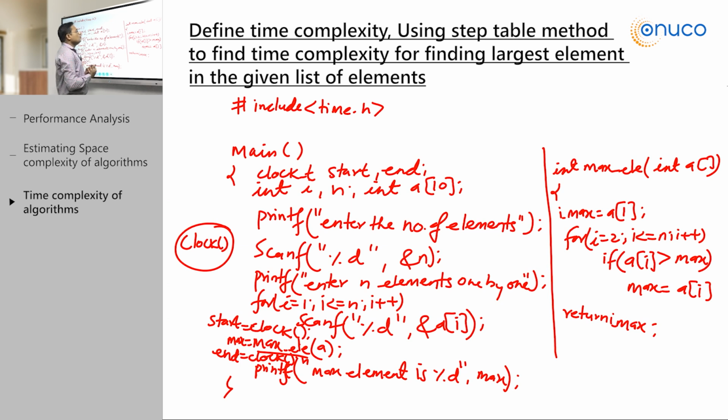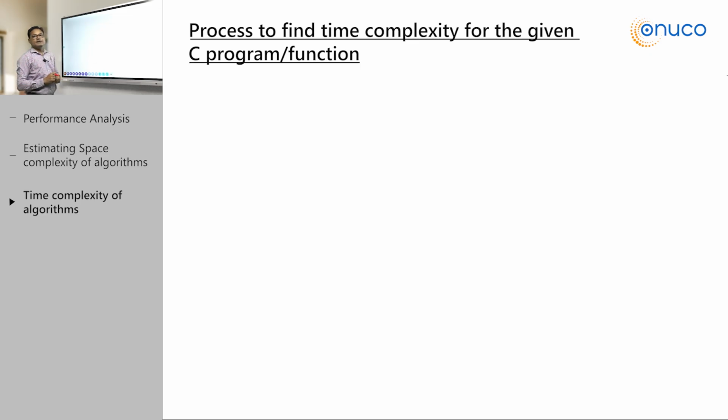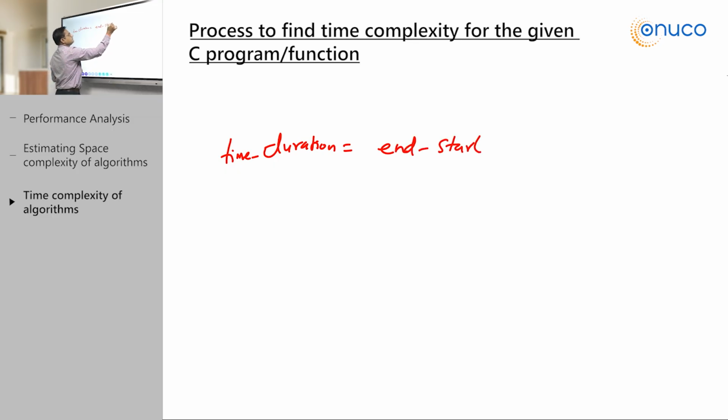Now when you are writing C functions, to calculate the duration of time, we can do end time minus start time, right? End minus start. So these values, end minus start, have a unit called clock tick.